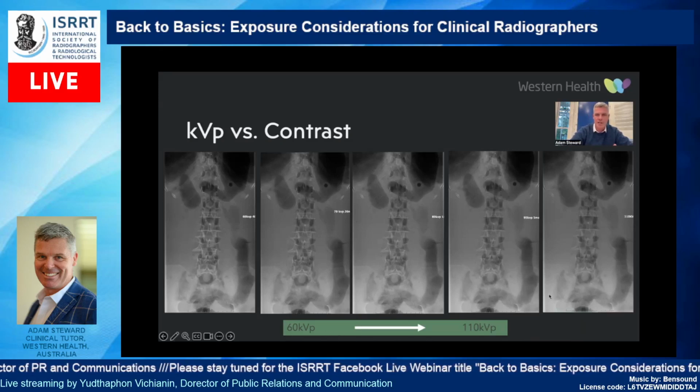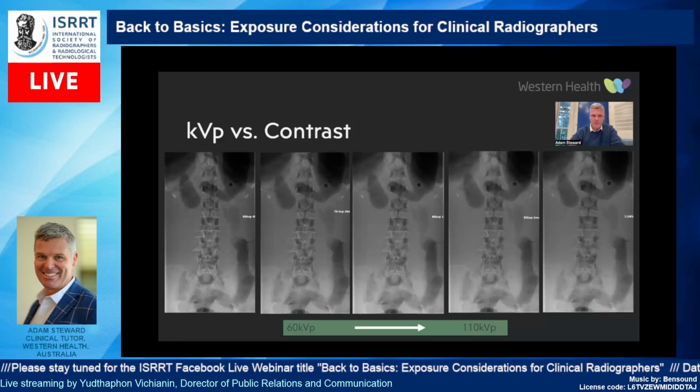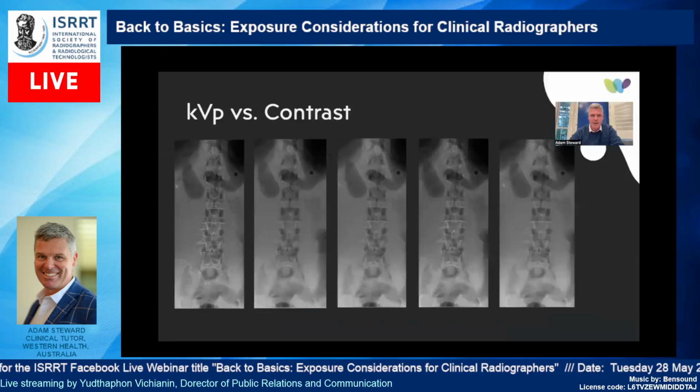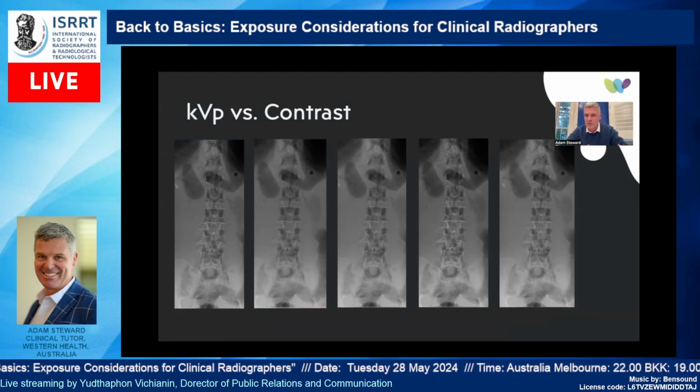Now, obviously, if we look at 60 and 110, yeah, I can say this one's got far better contrast than this. But if you look at the subtleties in each 15% increment, it's really hard to see, okay? If I shuffle them and they could be in any order, and I ask you which one is which, it becomes much trickier and even harder.